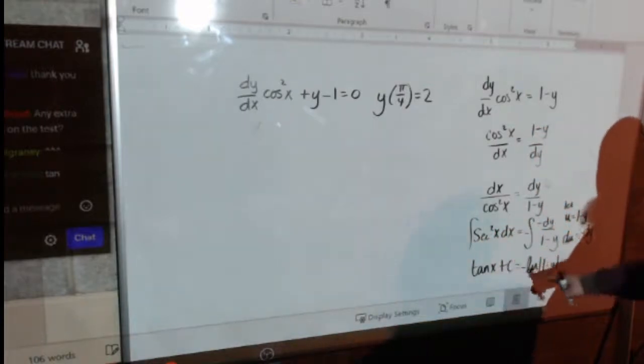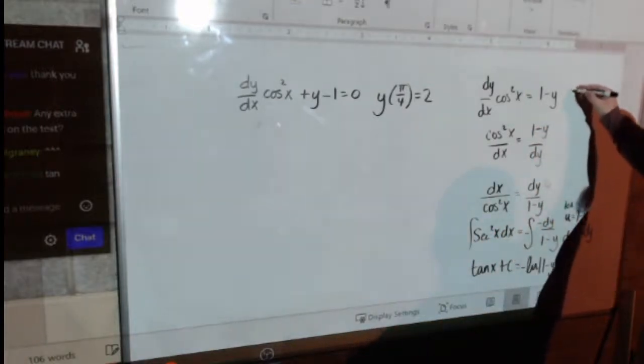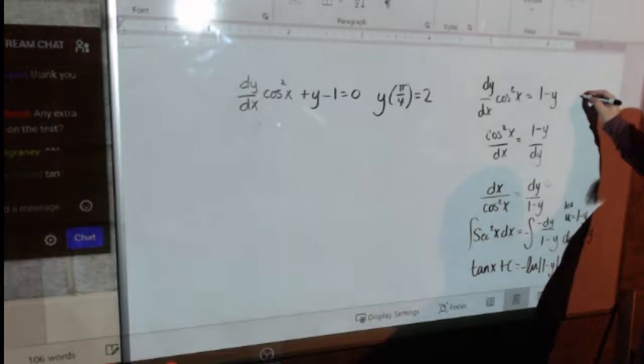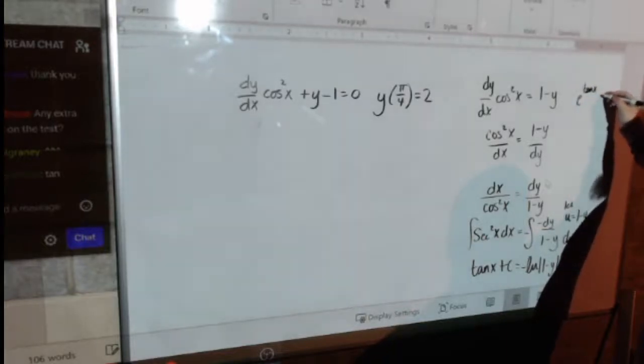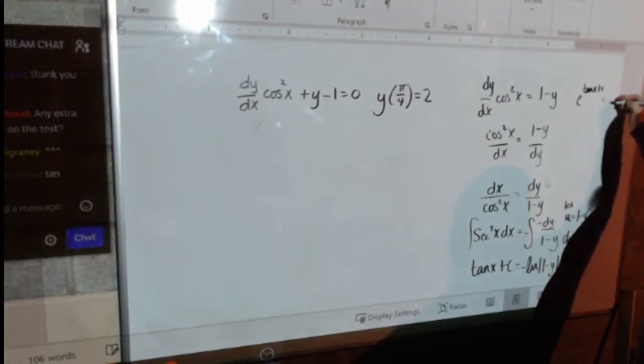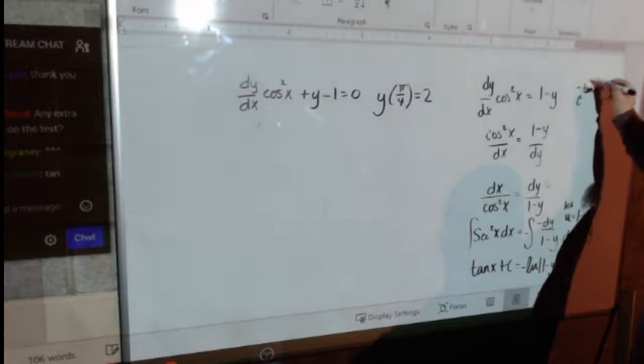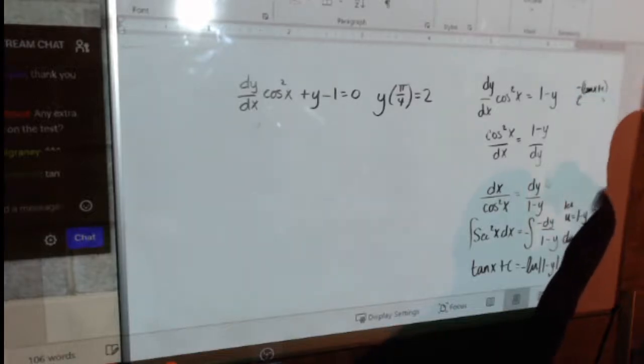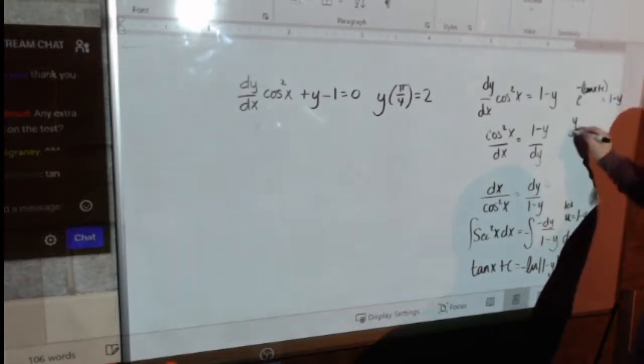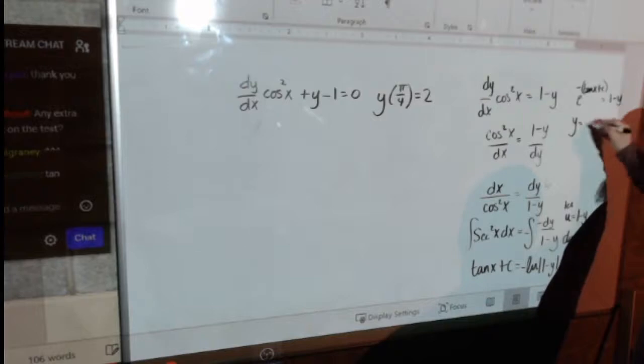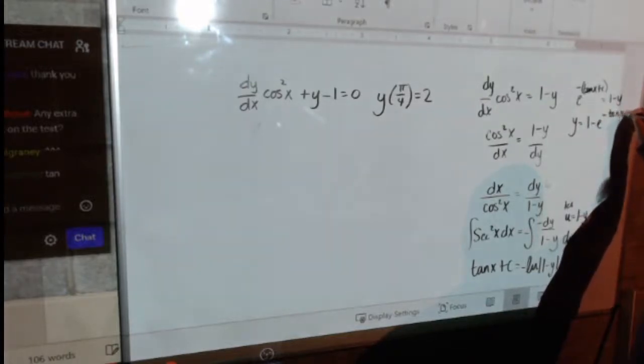So if I want to solve that for y, raise everything by e. So e to the tan x plus c is equal to, actually this would be a negative up here. That'd be 1 minus y. So y equals 1 minus e to the negative tan x.